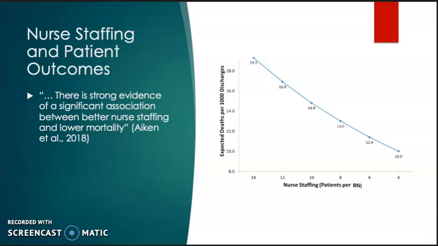So this really highlights the extreme importance of implementing appropriate acuity assessment models and identifying the correct patient care hours. You don't want to be in a situation as a facility where you're actually paying more to do more procedures and keep patients in the hospital longer than you would be paying more nurses.